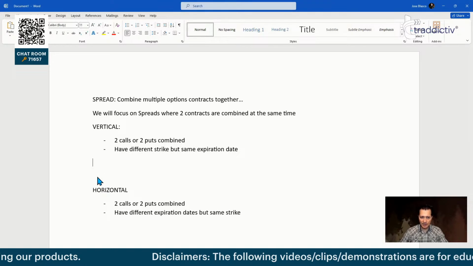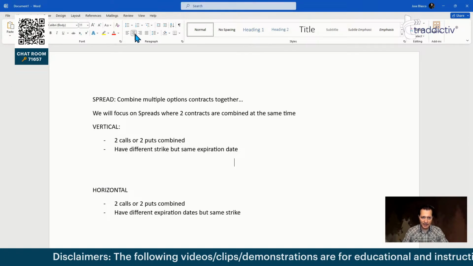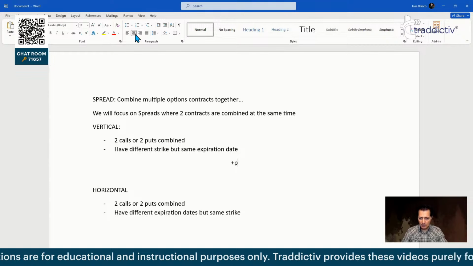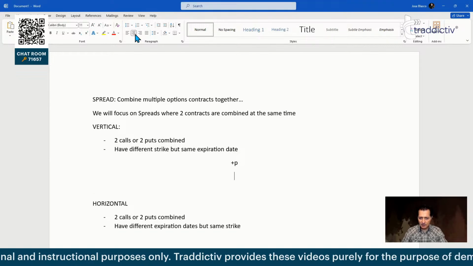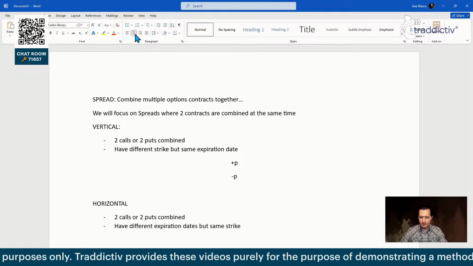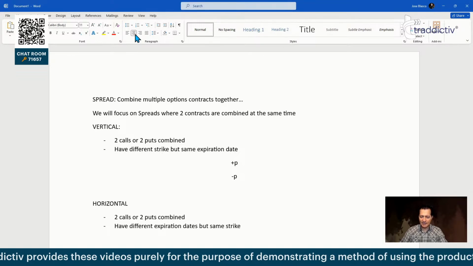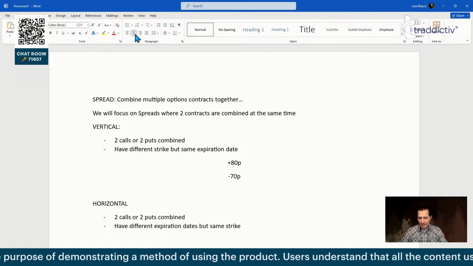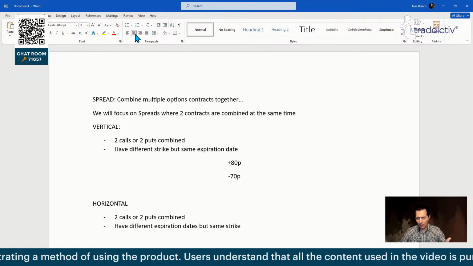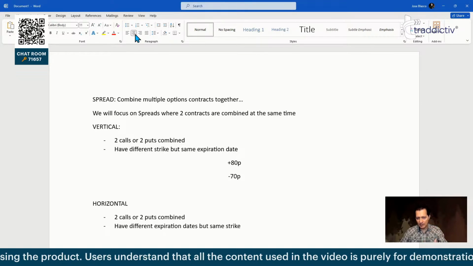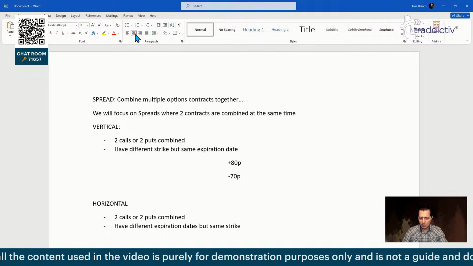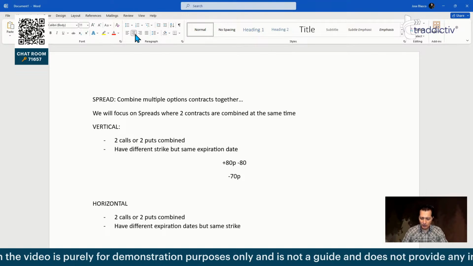I'm going to just center this a little bit, and I'm going to use plus for buy, minus for sell. So you may buy a put and sell a put below. And let's say you buy the 80 put and you sell the 70 put. Okay, that's why I said below. 70 is below 80. So you buy a put and you sell a put. That's a vertical spread. Now, of course, you can also sell the 80 put.